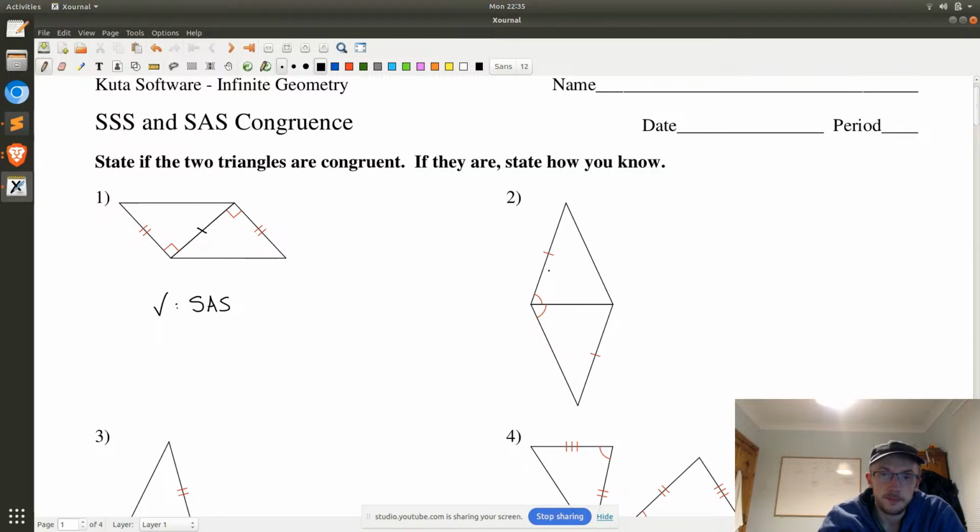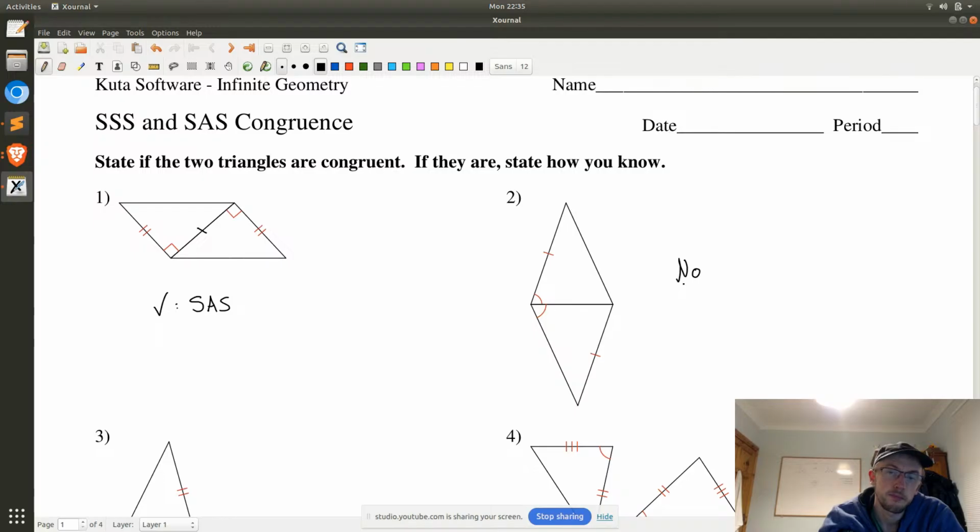Okay. I don't know what this is. Is this to indicate that these are equal angles? I believe so. If it is, I would suppose that side angle side, and no, actually.